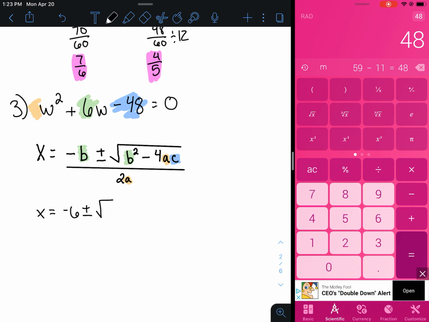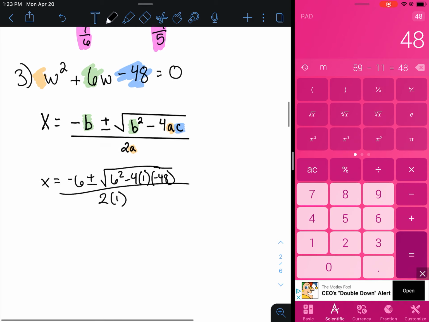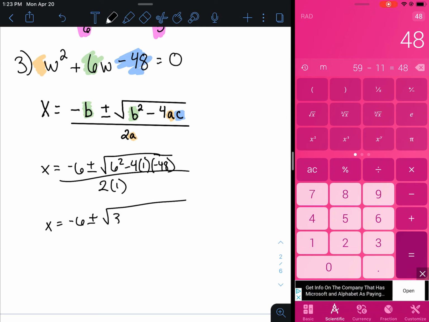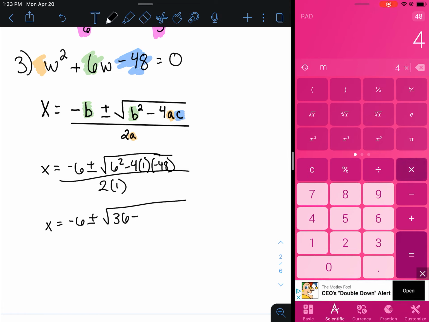All right, so I'm going to plug all that in. So I have x equals negative 6 plus or minus the square root of 6 squared minus 4 times 1 times negative 48, all divided by 2 times 1. Okay, so now I'm going to figure this out. x equals negative 6 plus or minus the square root of 36, because I know 6 squared.